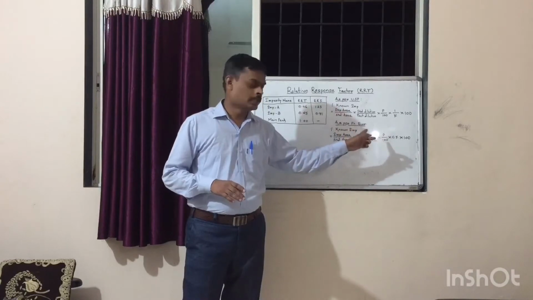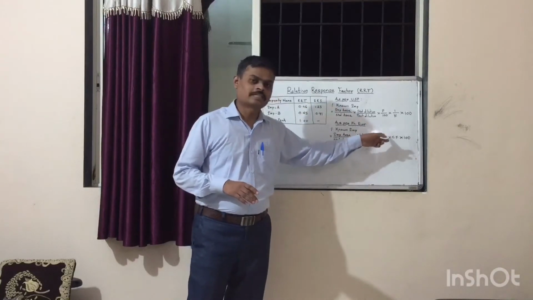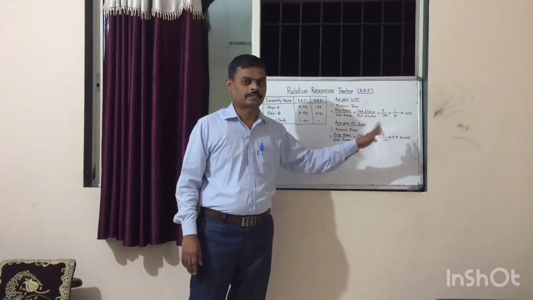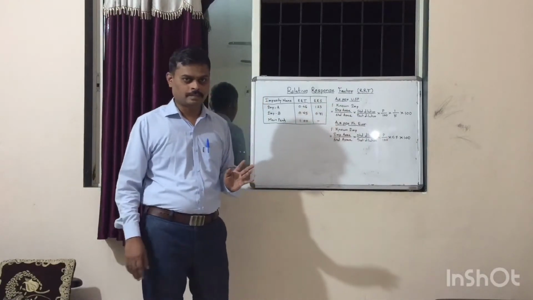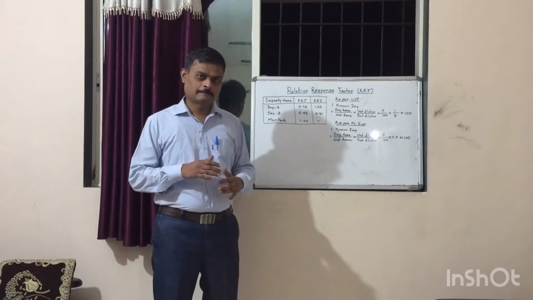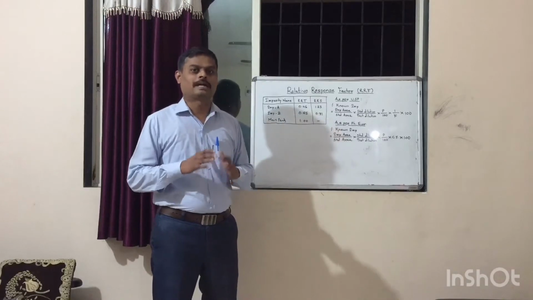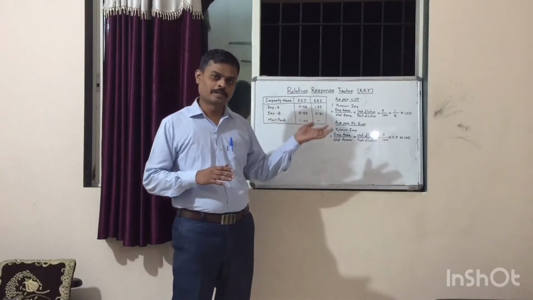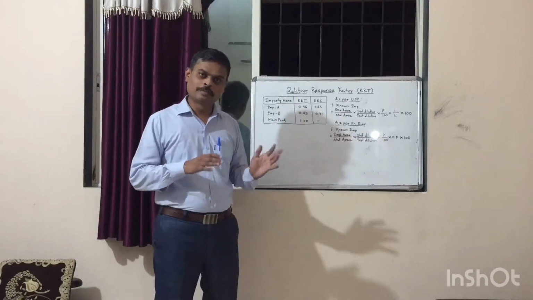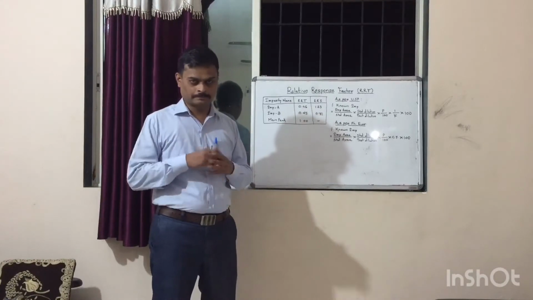As per Ph. Eur., the RRF is also known as correction factor. The rationale behind the use of RRF either at numerator or denominator will be discussed in this video.